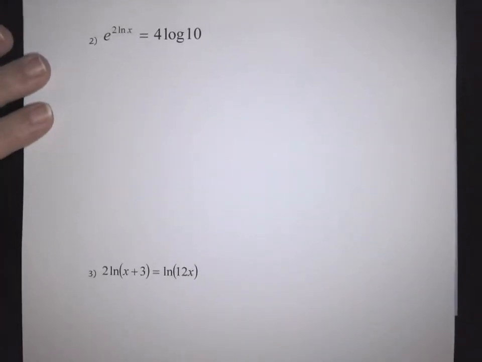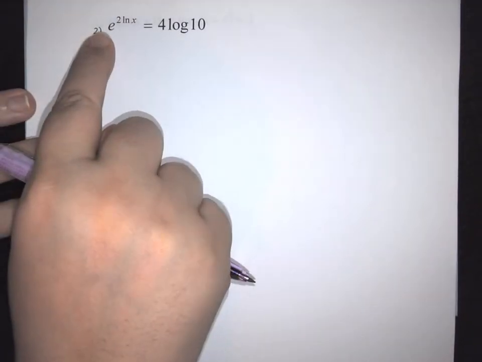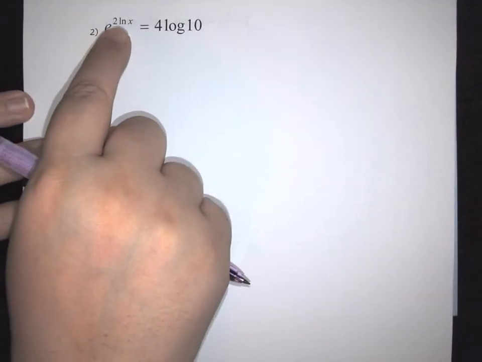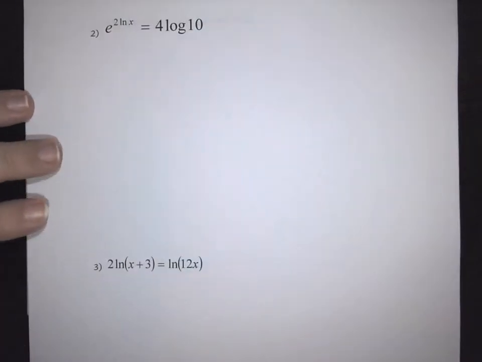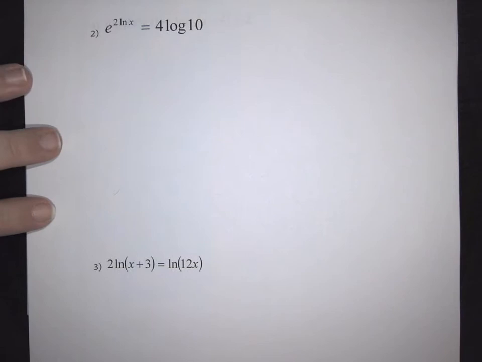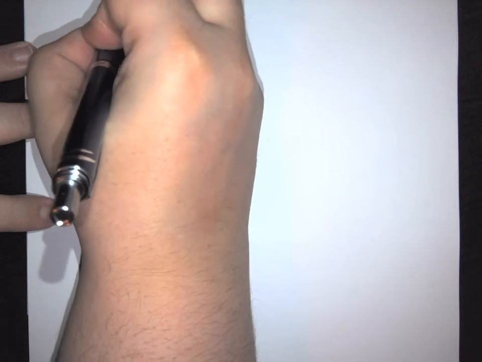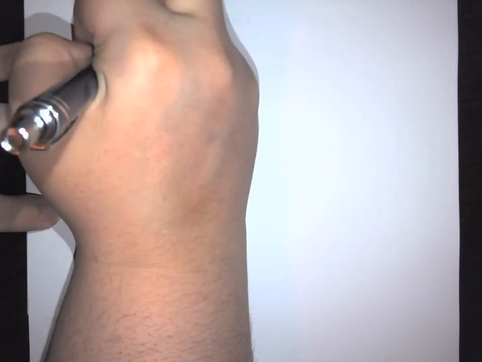All right, let's take a look at this next example. Here I have e to the 2 natural log of x, and then I have 4 log of 10. There are a couple of things that can occur here. First, this 2 is actually a power.